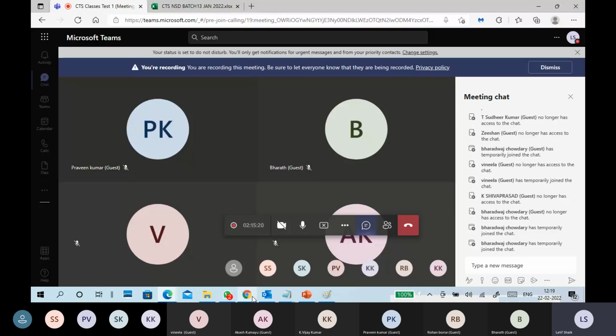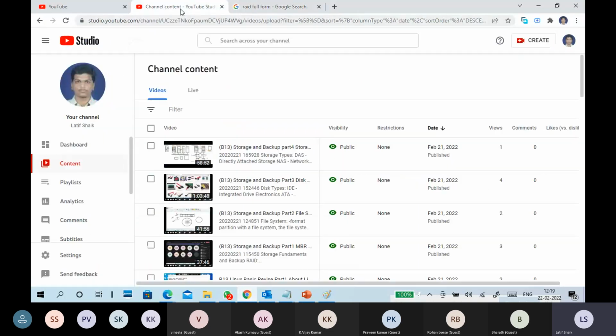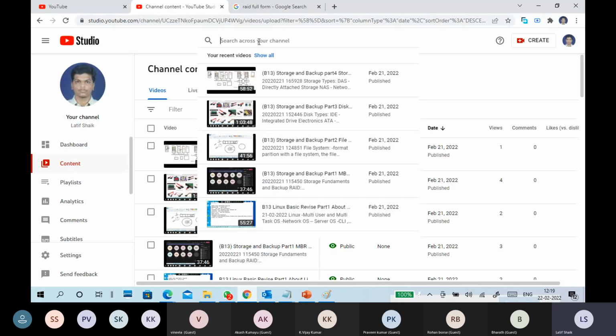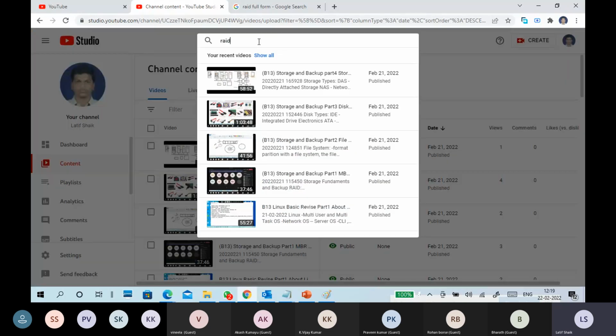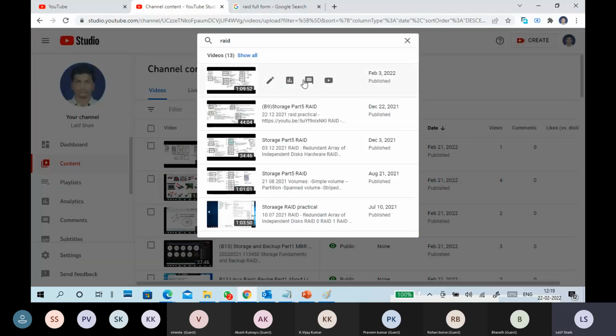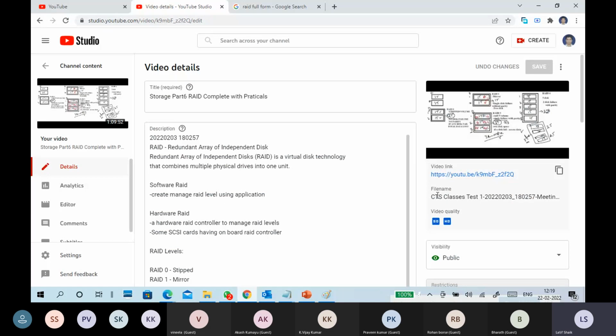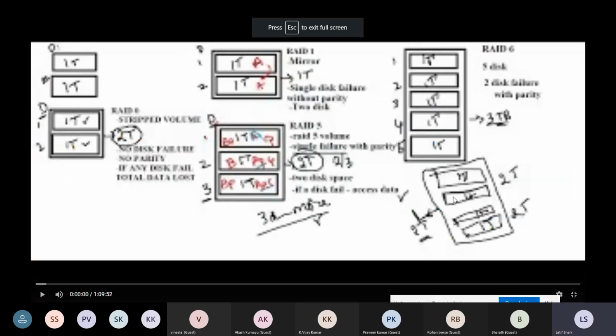Okay. Yesterday I shared a RAID practical also, right? So I will show you that RAID. Yeah, this is the last batch only. Luckily, even though we don't have time, I showed some practical for that.